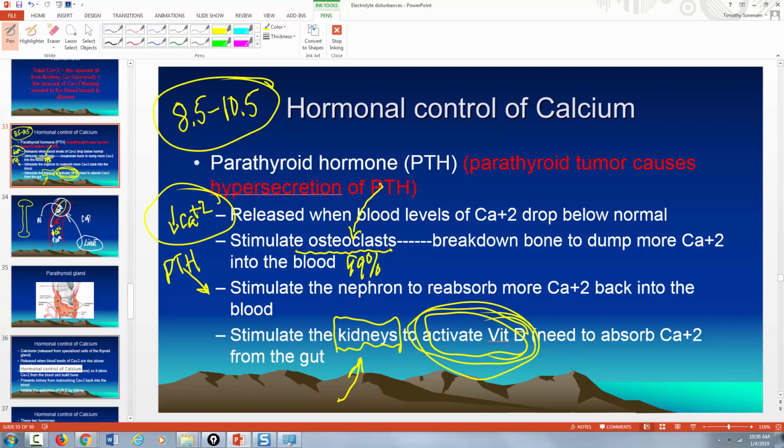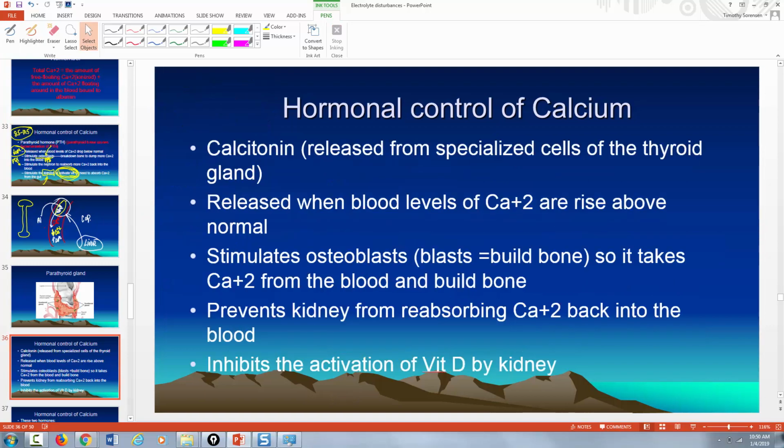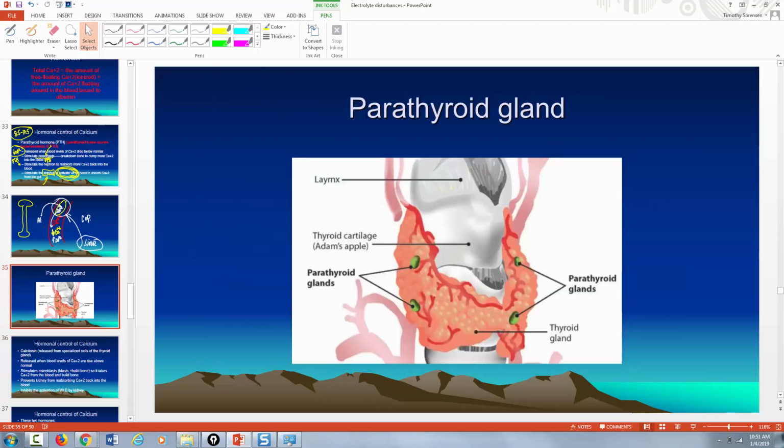Now, what's the opposite of high calcium? Cut it out. So the other hormone that's involved in lowering blood levels of calcium is calcitonin. And calcitonin is released from specific cells of the thyroid gland.